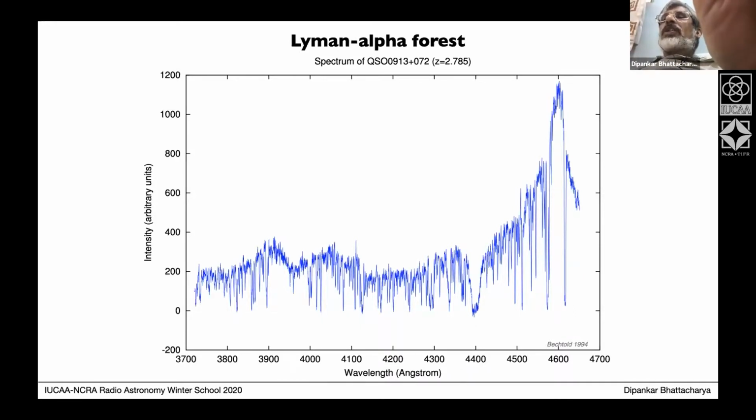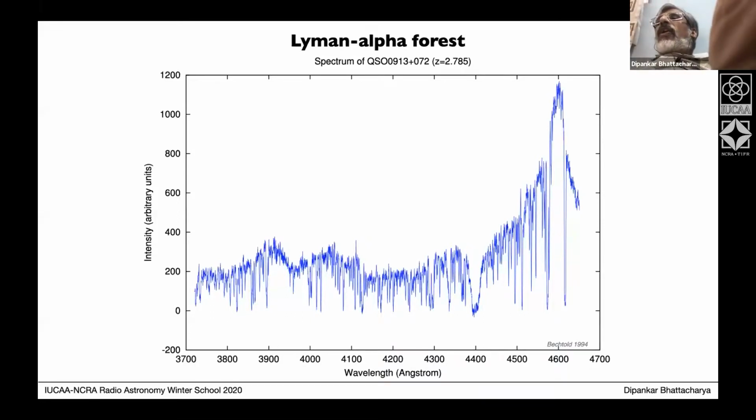A quasar produces a continuum emission over a large range of wavelengths. Now, the quasar could be sitting very far away from us, and in between the quasar and us, there are many, many hydrogen clouds, which include galaxies and so on. But since these different clouds are at different distances from us, each of them is at a different redshift. So the rest frequency of Lyman alpha at each of these clouds appears at a different observed frequency for us.